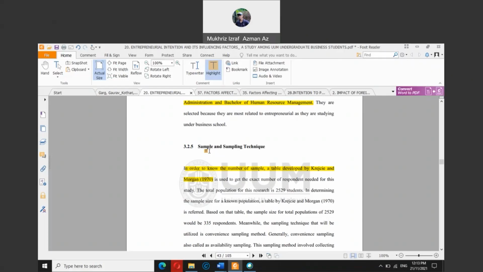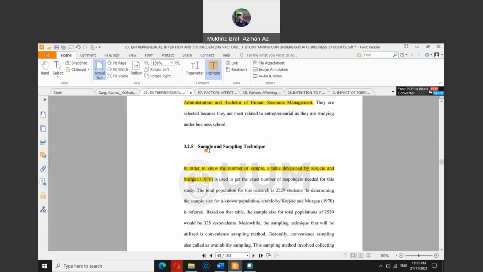If you don't achieve the minimum sample size required, then the analysis becomes questionable. Your result becomes less valid. Because for a good sample, the more samples that you collect, the better it is.